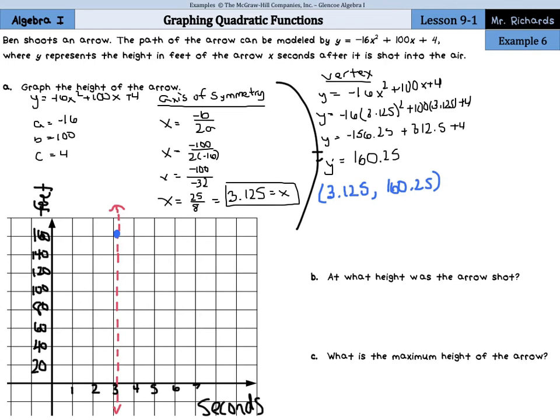Next, let's go ahead and look for our y-intercept. And our y-intercept, if you put 0 into the equation, or if you just notice that c is equal to 4, the y-intercept is going to be 4. And so, we can draw that in now as well.